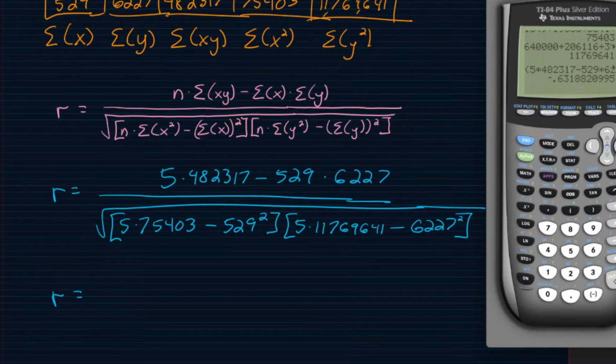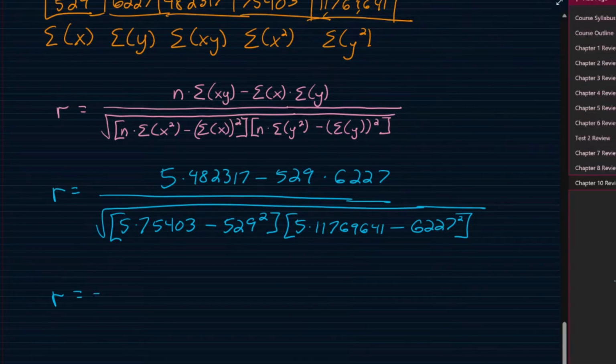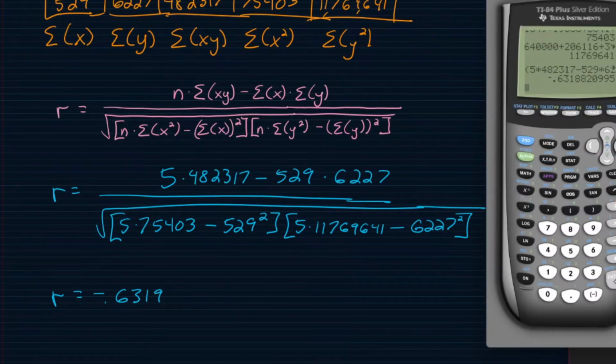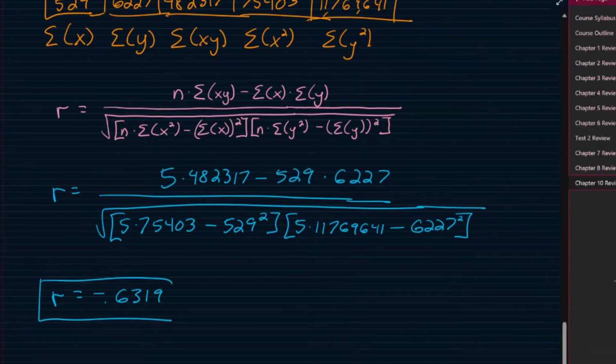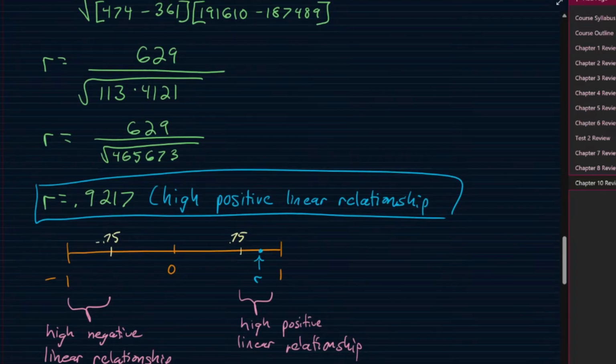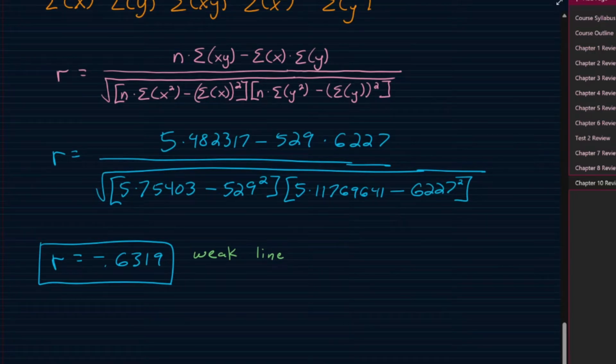Enter. So it seems here we get approximately negative 0.6319. And so they're really not very closely related. It would be, I guess, a weak linear, I'll just say a weak linear, or a weak negative linear relationship is what I wanted to say.